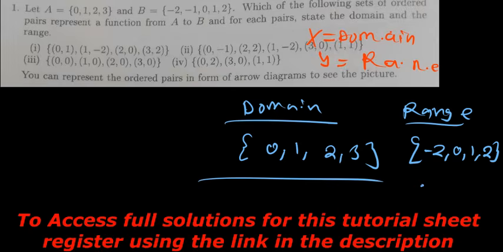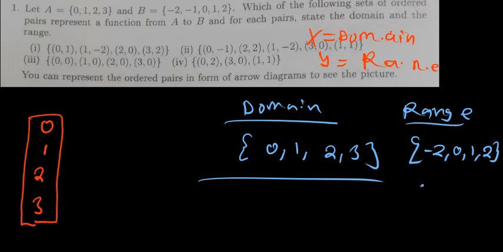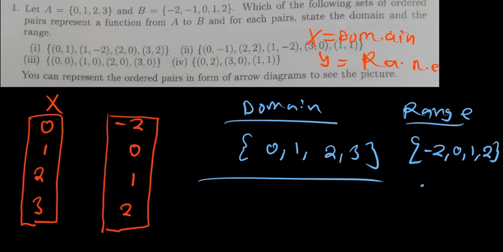Now I'm going to represent this in an arrow diagram. In x, I have 0, 1, 2, 3. So this is my x, my domain. The y, I have negative 2, 0, 1, 2. That is my y.